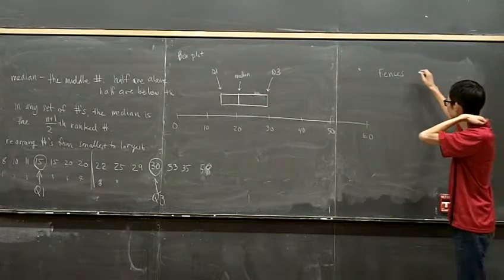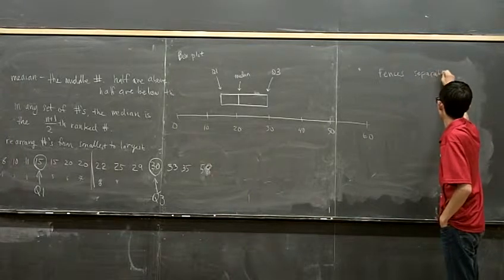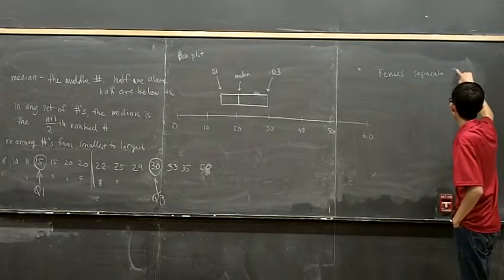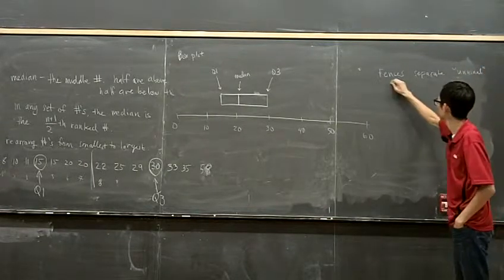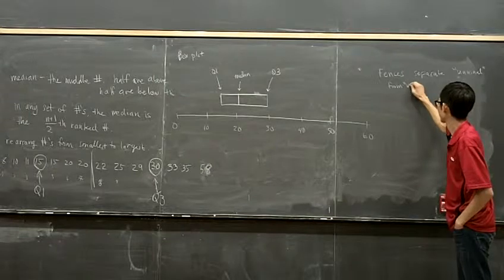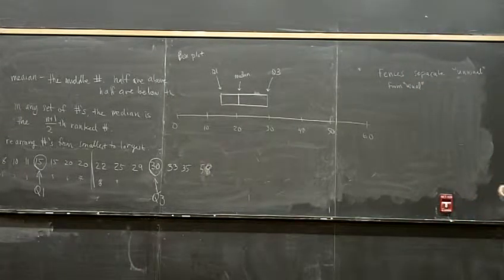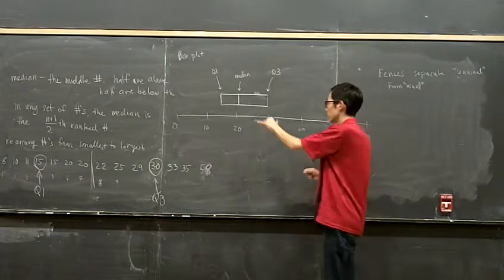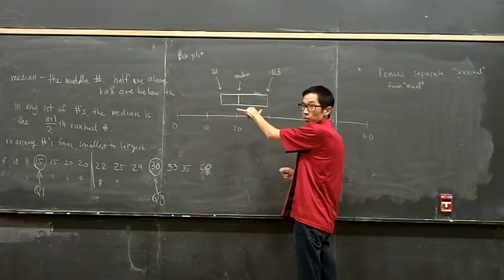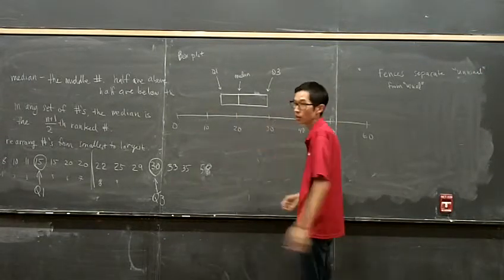So fences separate unusual from usual. I should say potentially unusual, because not everything is necessarily unusual. The fences go, basically, you take the width of the box, multiply it by 1.5, and go that far above the box and that far below the box.